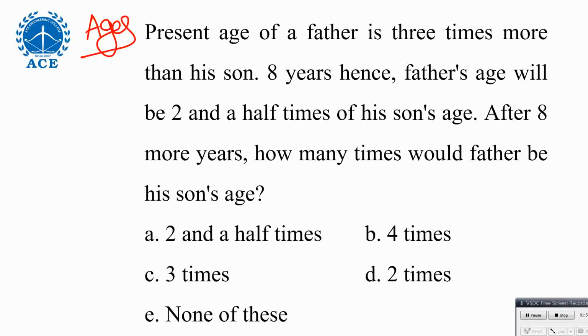Okay. 8 years since, father's age is 2.5 times his son's age. After 8 more years, meaning after 16 years indirectly from present, father's age is how many times his son's age? So I think directly I can go with 2 times.